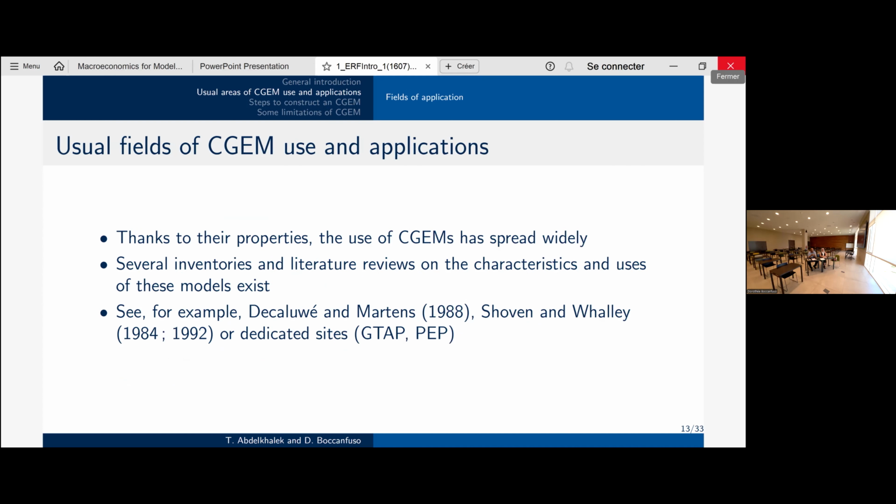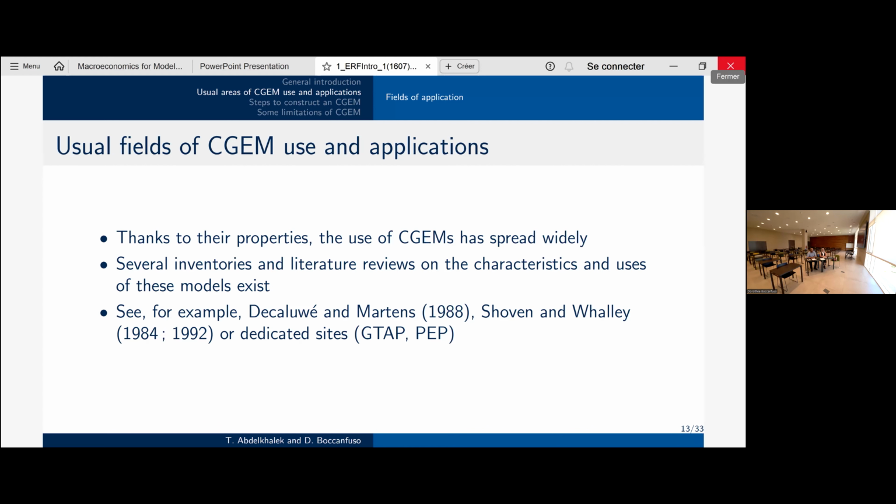On the internet, you can obviously find many references. If you type CGE model on your computer now, you will find many papers and many literature reviews on this. We selected some of these. There are also many modeling groups around the world. One is the ERF, where you are today, but there is also GTAP, I think at Purdue University.